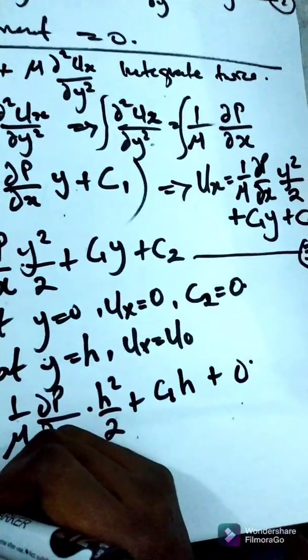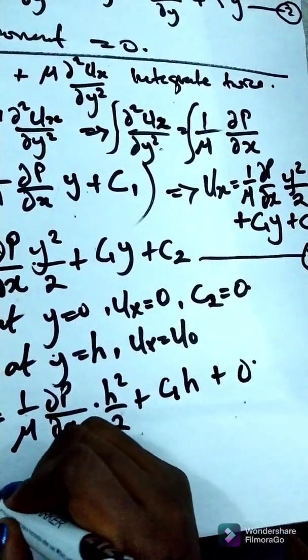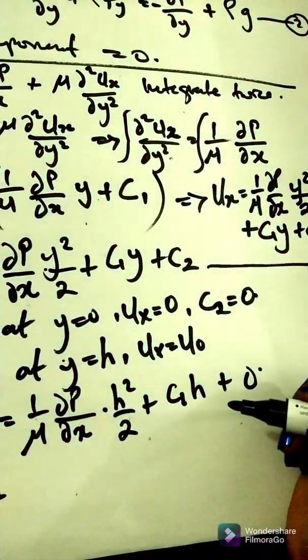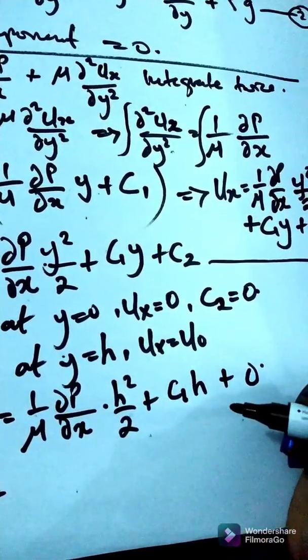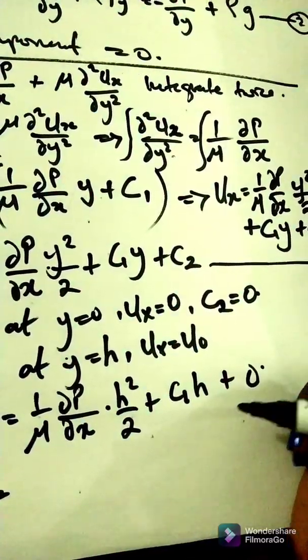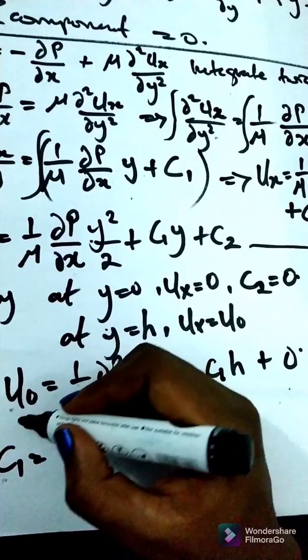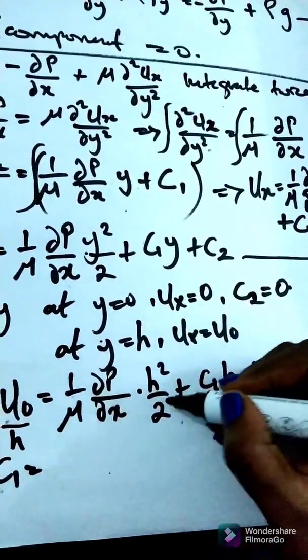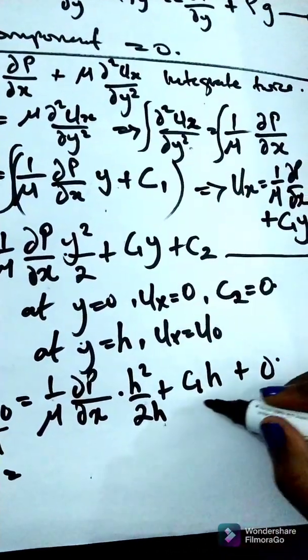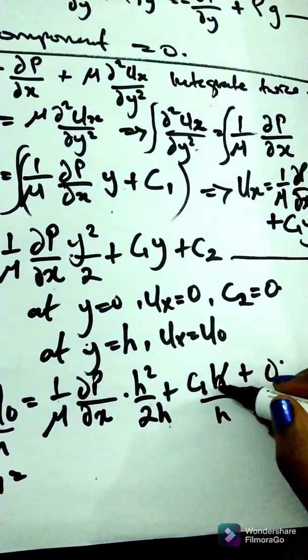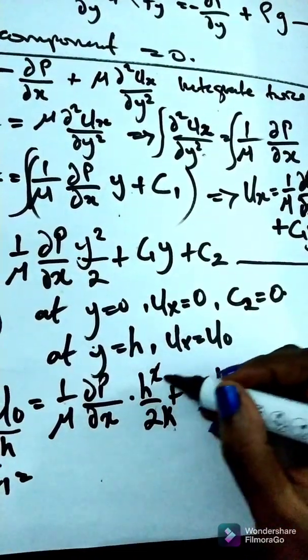So we'll make C1 the subject of the formula. First of all, we'll divide through this equation by h. So we'll have h, h, h; this will cancel this, this will cancel this.